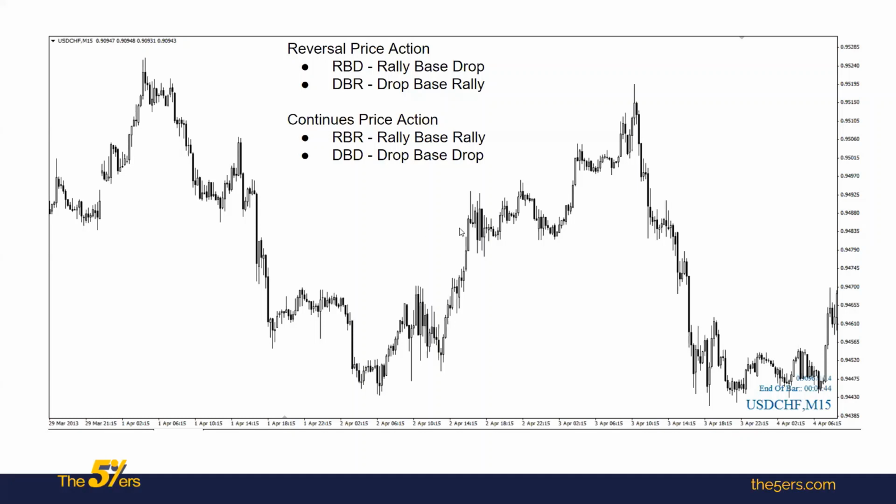So now we can look at these areas in terms of order flow.